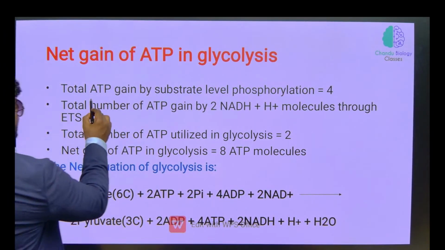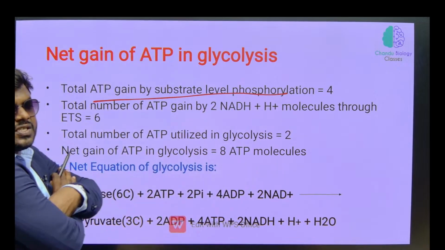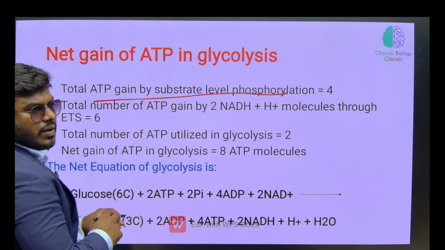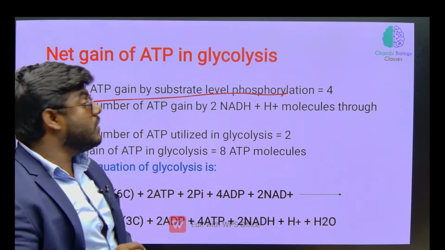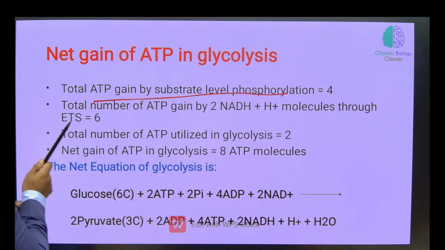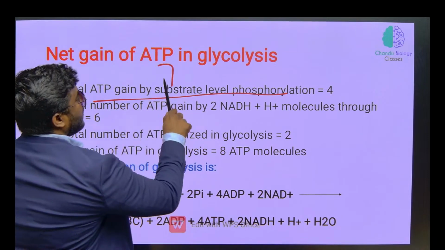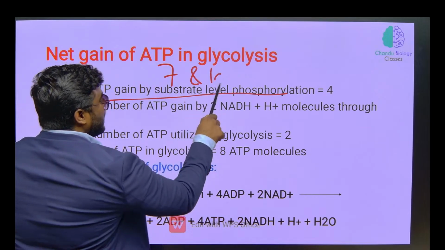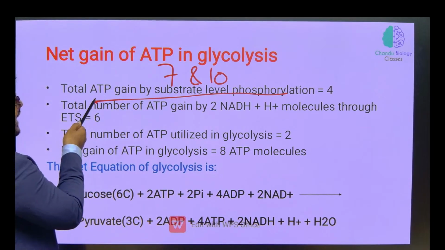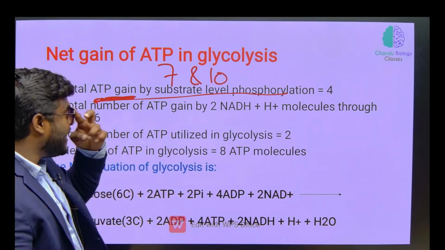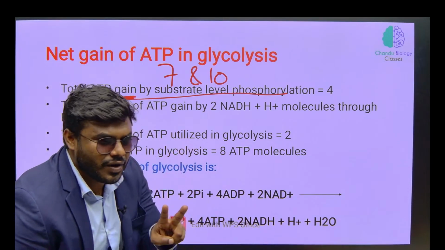Now see the final reaction, friends. Total ATP gained by substrate level phosphorylation is 4. Can you justify it? What are those 2 steps? Look into that. 7th and the 10th. Wonderful. So 2 substrate level phosphorylations occur.